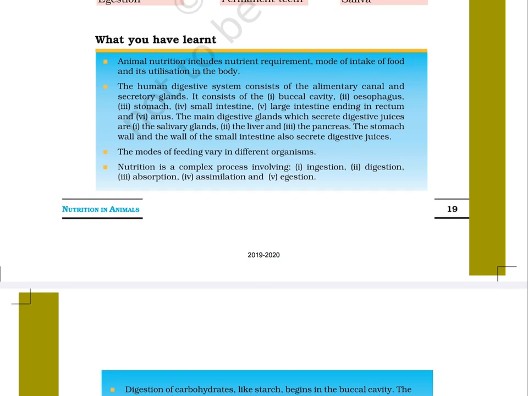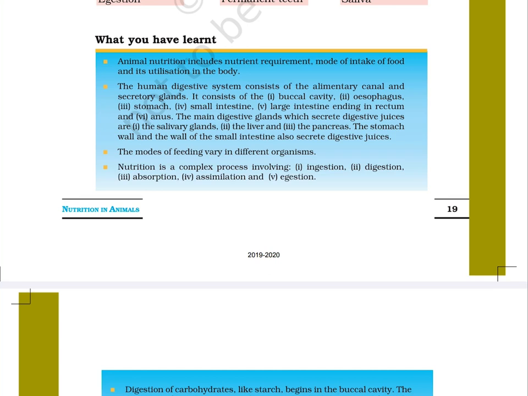What you have learned. 1. Animal nutrition includes nutrient requirement, mode of intake of food, and its utilization in the body. 2. The human digestive system consists of the alimentary canal and secretory glands. It consists of the 1. Buccal cavity, 2. Esophagus, 3.